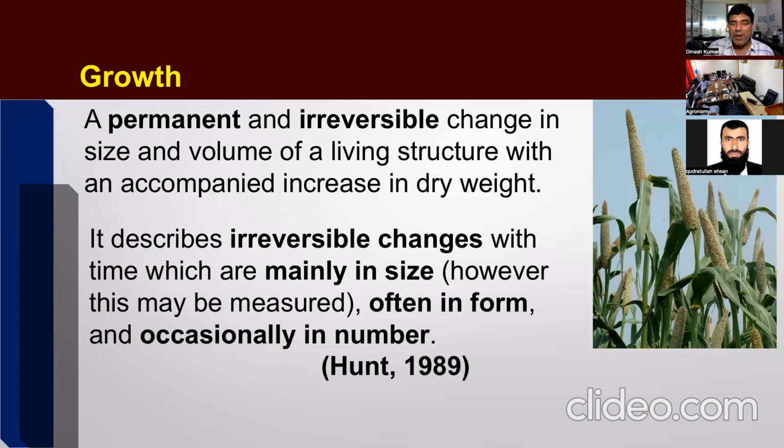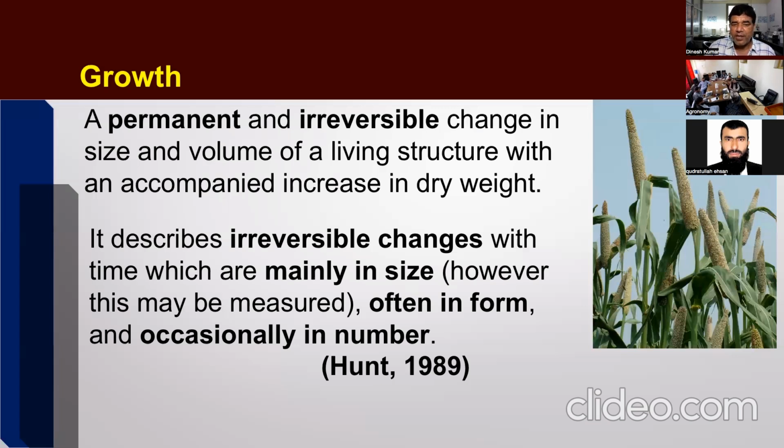Suppose my height is 6 feet, it will remain 6 feet. I cannot decrease my height. So the condition is that dry weight should increase simultaneously. Then we will call it growth.